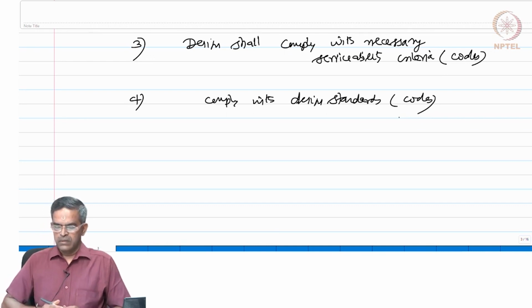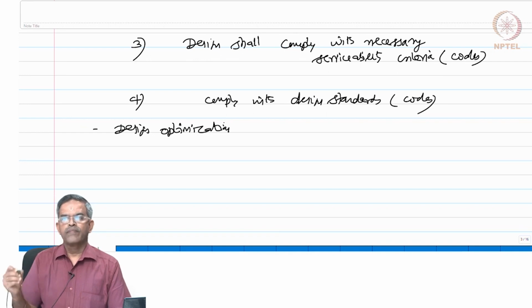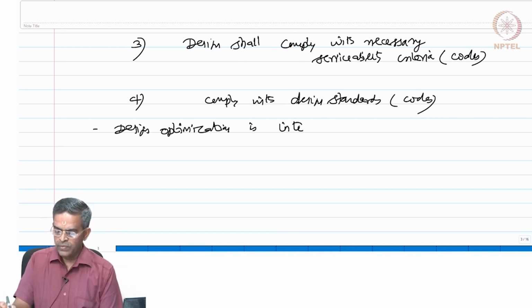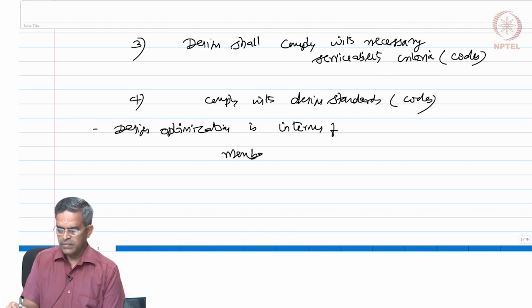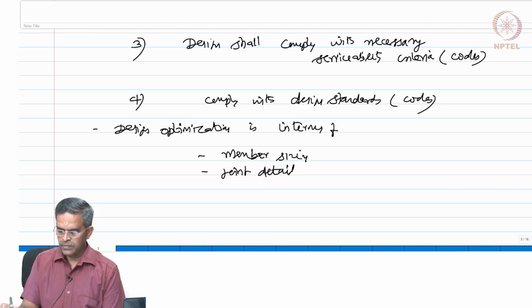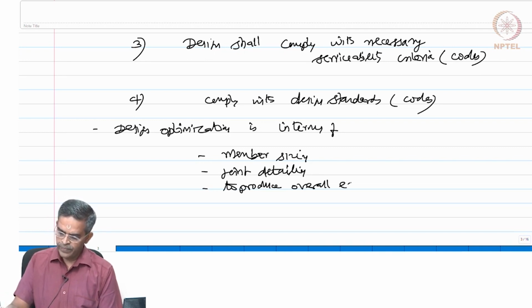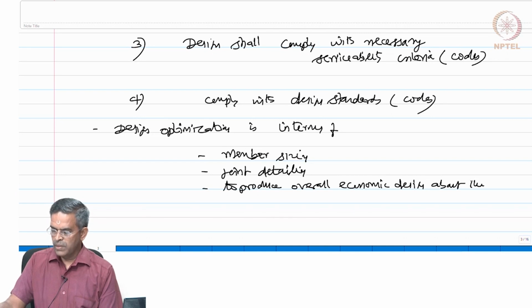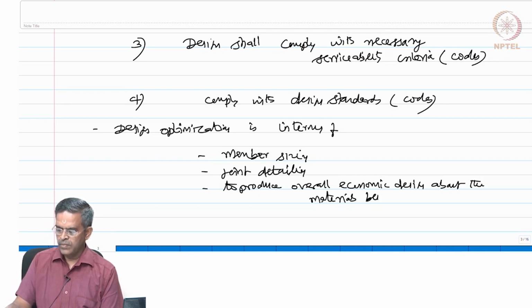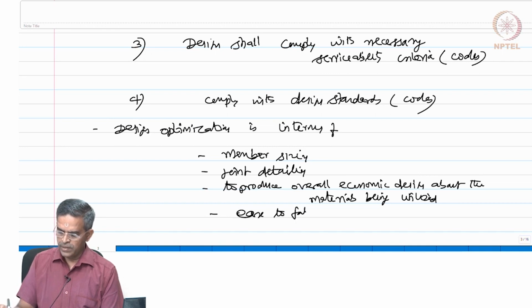So, therefore, the design optimization is in terms of member sizing, joint detailing, and to produce overall economic design, about the materials being used, and ease of fabrication.